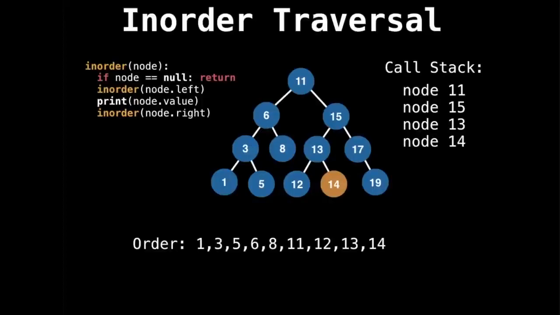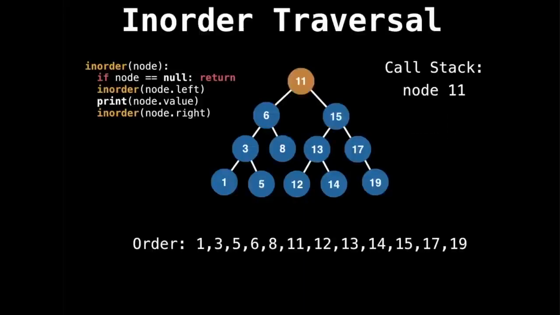Go up, so pop 14 off the stack, pop 13 off the stack, print 15 because we have explored 15's left subtree, go right, and now the last thing we need to do is finish our function by just popping everything off the stack.